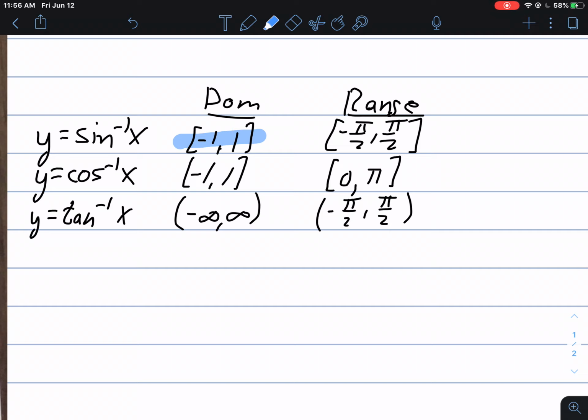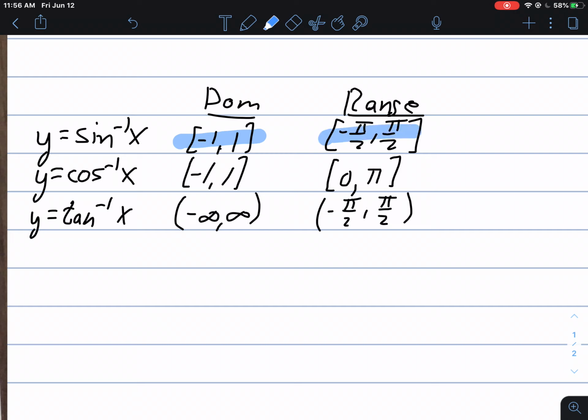And that had to do with all that one-to-one function stuff. So if you need to go back and review some of that in your trig, that's in chapter 7, or that would be 7.4. If you go back and look at your trig notes from previously, then you should have all your discussion of the inverse trig functions. But for our purposes, we at least need to know what the domain and range are, because when you evaluate an inverse trig function, you're only going to get values that are in its range.